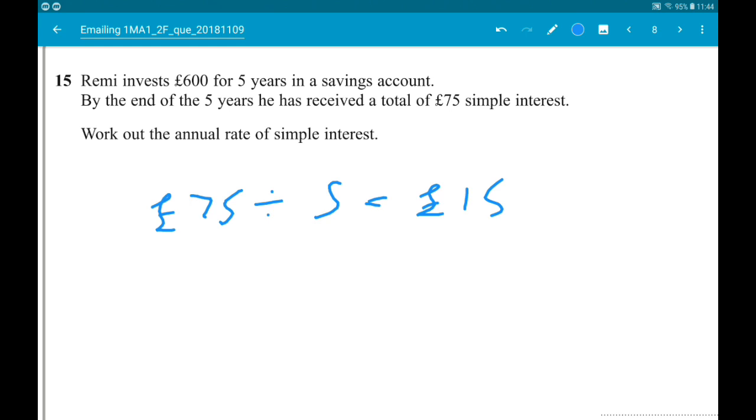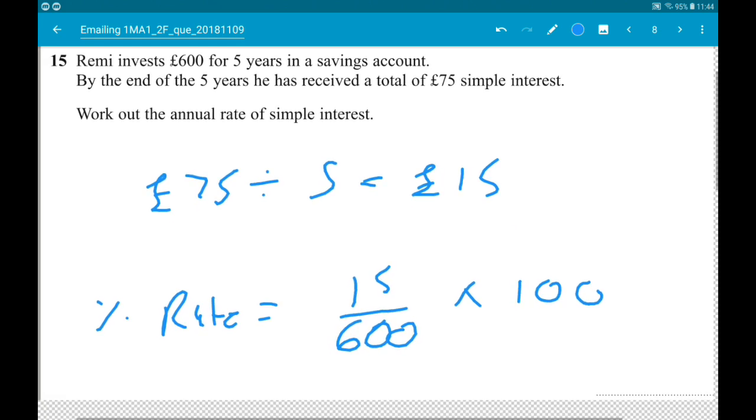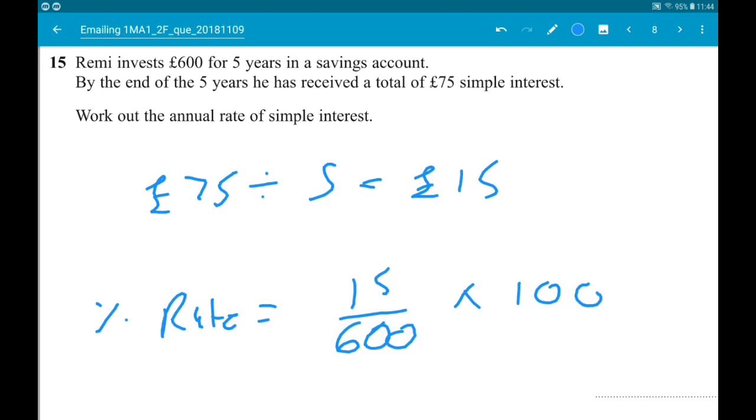So the percentage rate is 15 out of 600 times 100. So that is going to give us 2.5%.